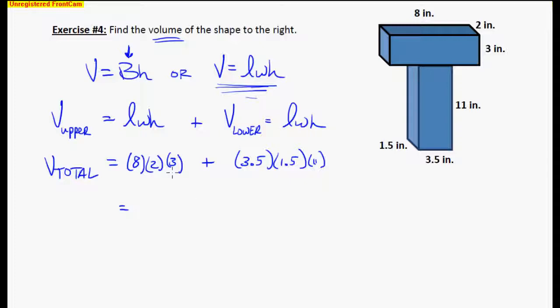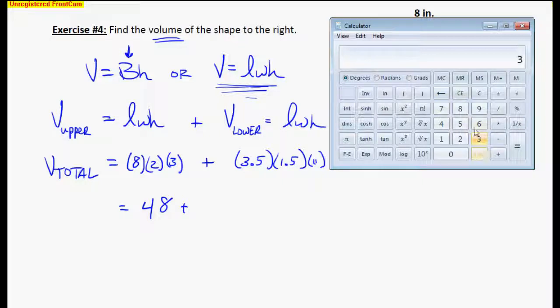So let's see. 8 times 2 is 16, and 16 times 3 is 48. Let me bring up the calculator here. We're going to go 3.5, times 1.5, and that equals 5.25, and then we need to multiply that by 11.